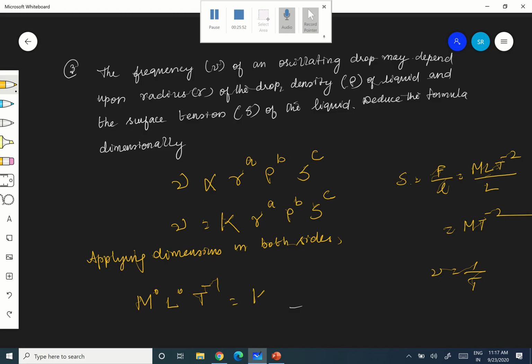RHS: K into R, L power a. Rho is density, mass by volume, therefore M L power minus 3, power b. And surface tension, M T power minus 2, power c.